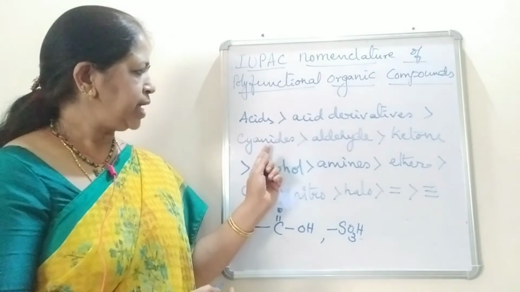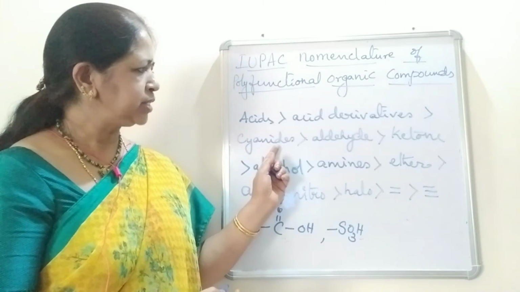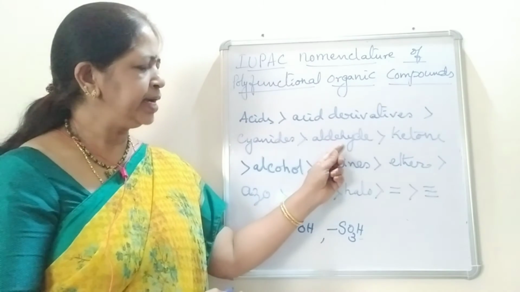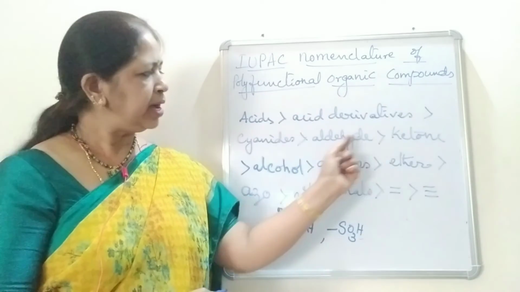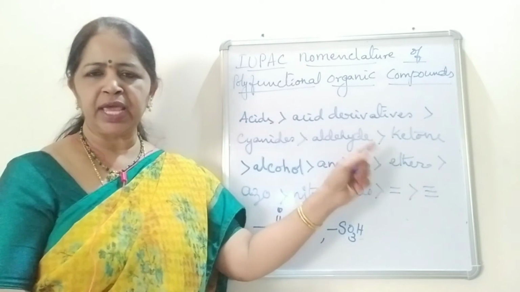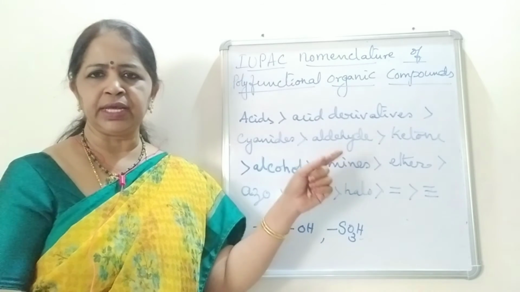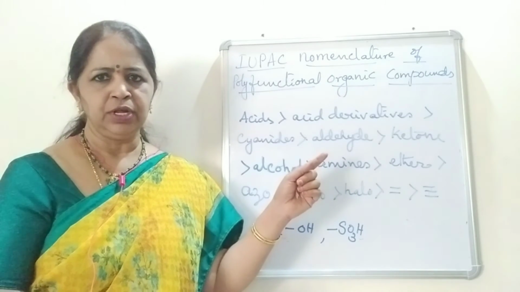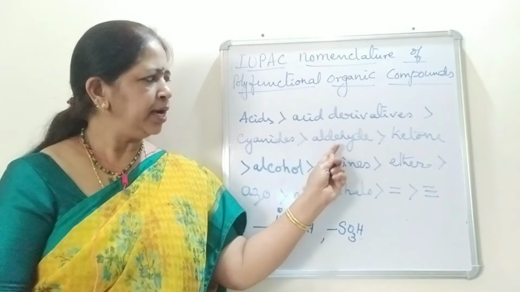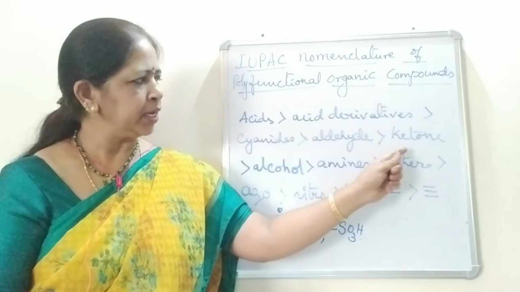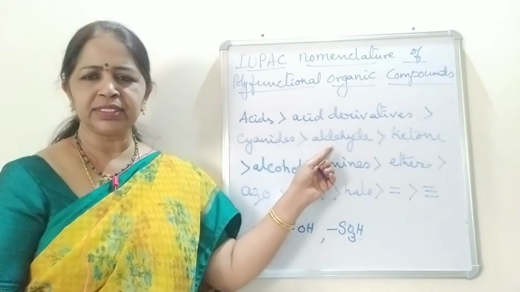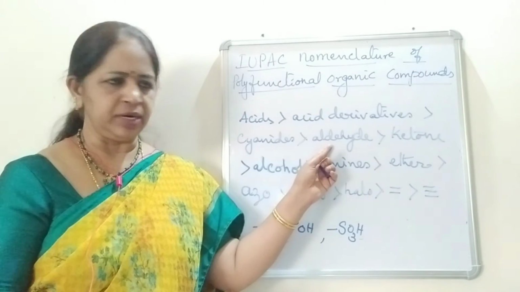And cyanides, next comes cyanides, then aldehydes and ketones. Aldehydes and ketones belong to the same group of compounds, that is the carbonyl compounds. But here you see the aldehyde gets the first priority over the ketone because aldehyde is present at the end of the chain.